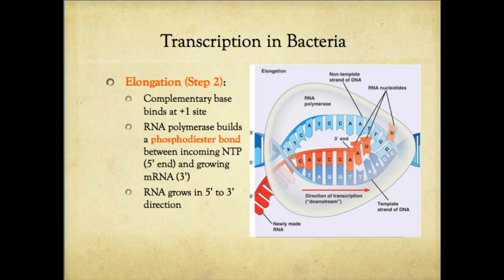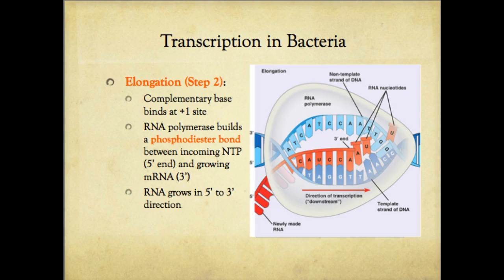And this continues all along the template strand, building a brand new RNA strand in a complementary manner. Now remember, the new RNA bases are being covalently bound to each other. The complementary binding that goes on between the DNA and the RNA is just hydrogen bonding.